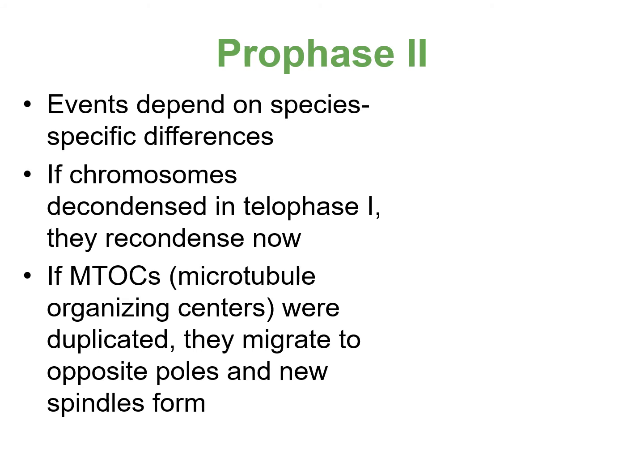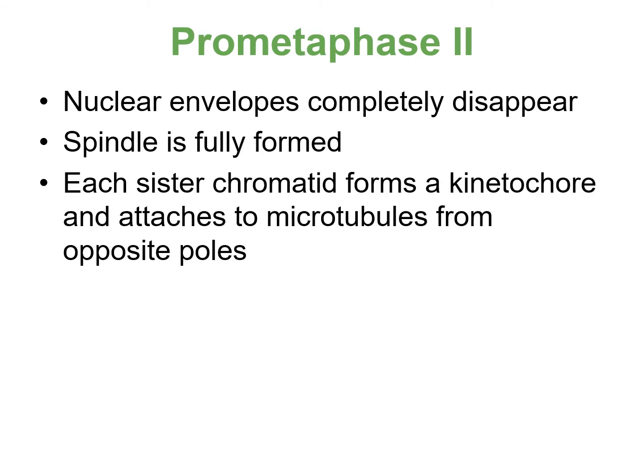And then the MTOCs, or the microtubule organizing centers that were duplicated during interkinesis, are going to move away from each other toward the opposite poles, and new spindles are going to be formed. In prometaphase 2, the nuclear envelopes are completely broken down and the spindle is fully formed. Each sister chromatid is going to form an individual kinetochore that attaches to microtubules from opposite poles.